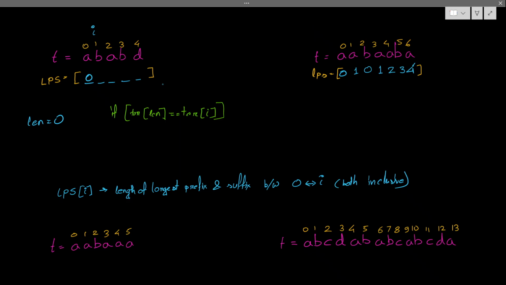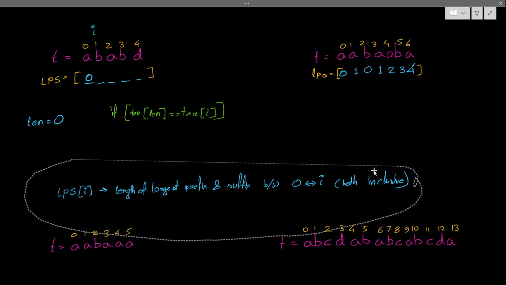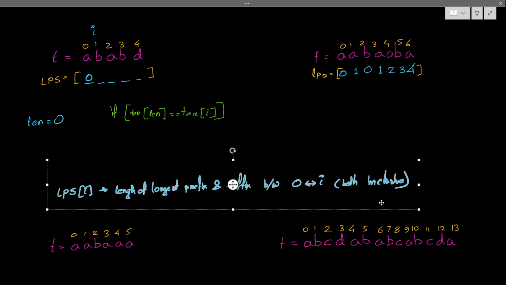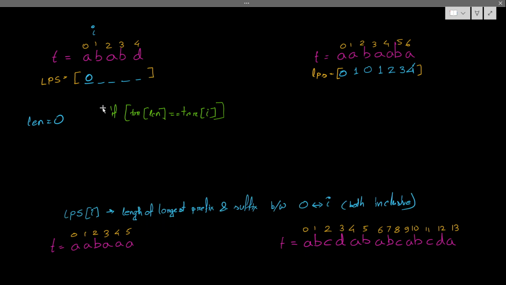If it is not common, else I will put 0. What is the else case? There are two cases. Let me write it down. This is the definition of LPS.